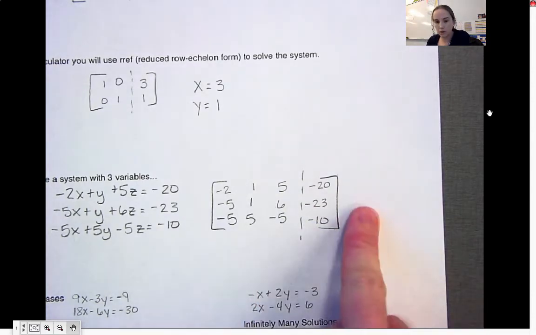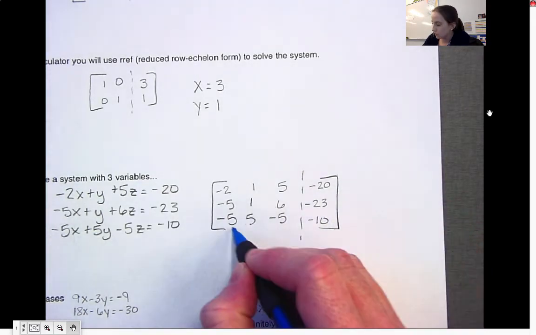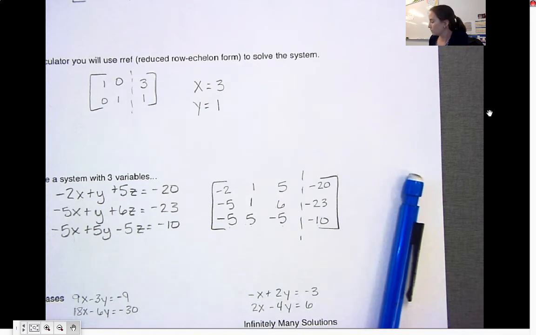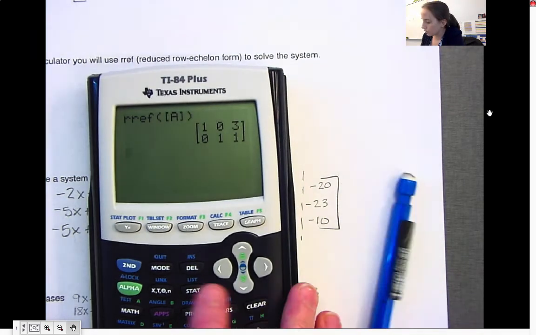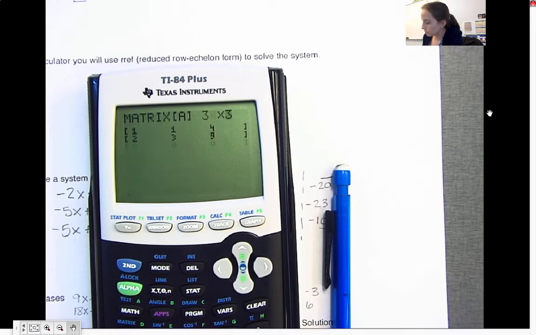If we put this into our calculator, we will put in a 3 row by 4 column matrix. So if we go to matrix, edit, I need to do a 3 by 4.